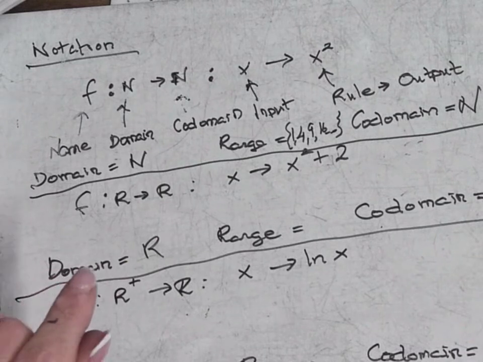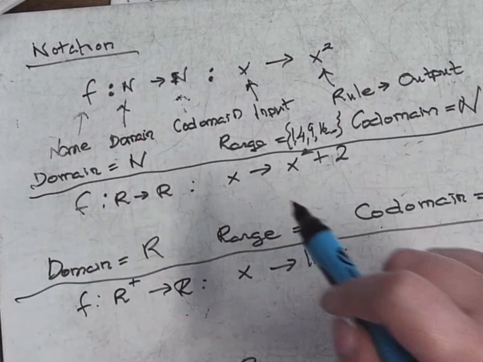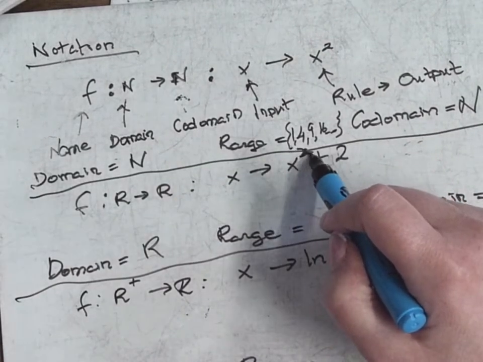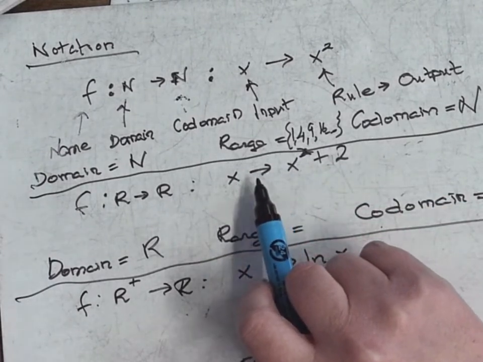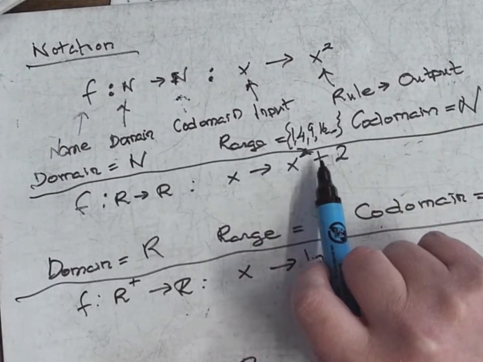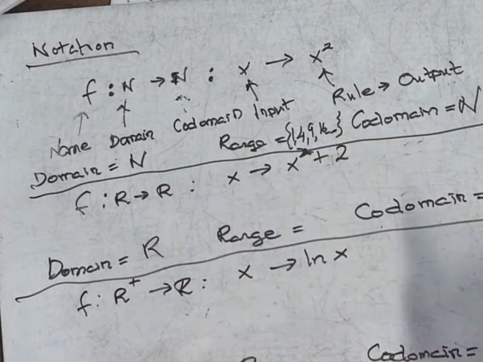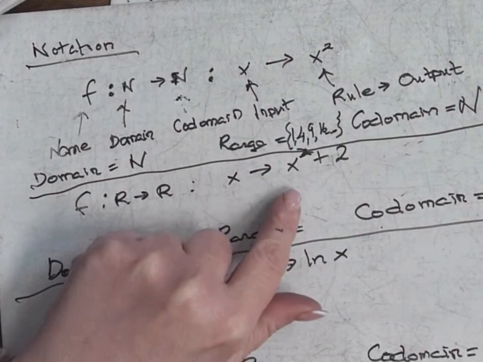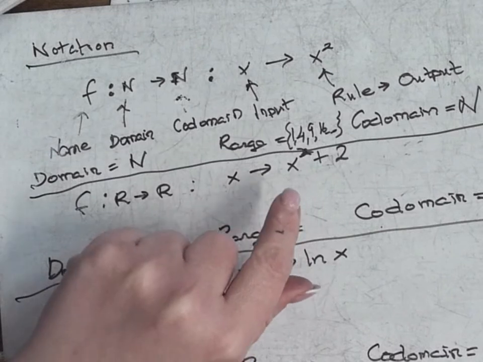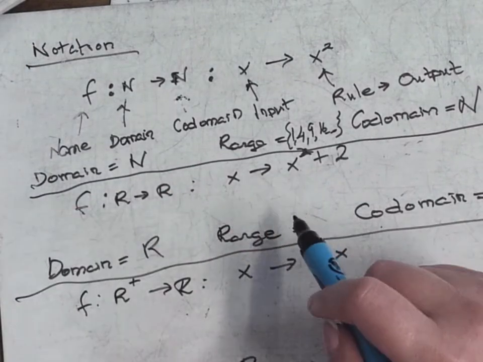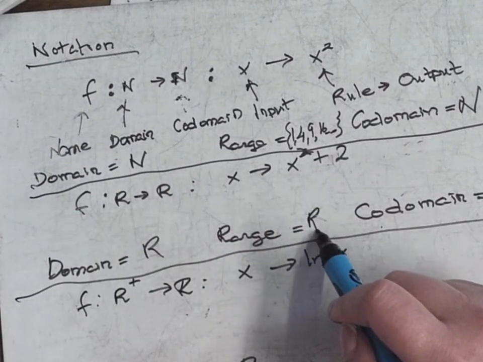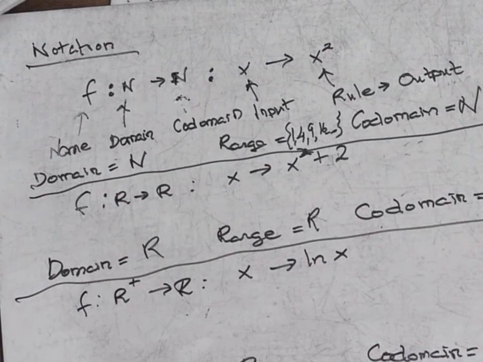And the rule is, you put in an x and you get out x squared plus 2. So whatever you put in, you square it and you add 2 to the answer. You're allowed to put in any real number, so the range is also all the reals, because there's no specific ones.